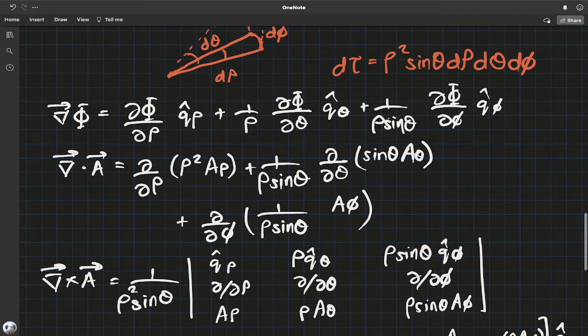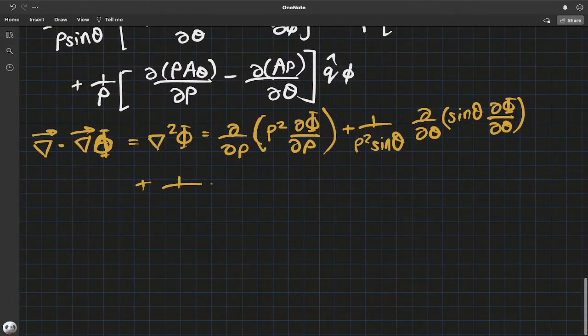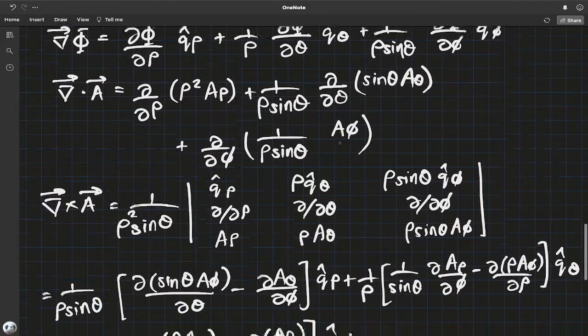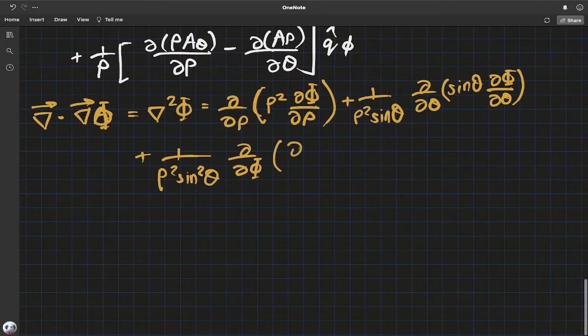So we have this term that's repeated, rho squared sine squared theta, and this guy 1 over rho squared sine squared theta partial with respect to phi, I'm sorry, this small phi, capital phi with respect to small phi. So this becomes a second partial derivative.